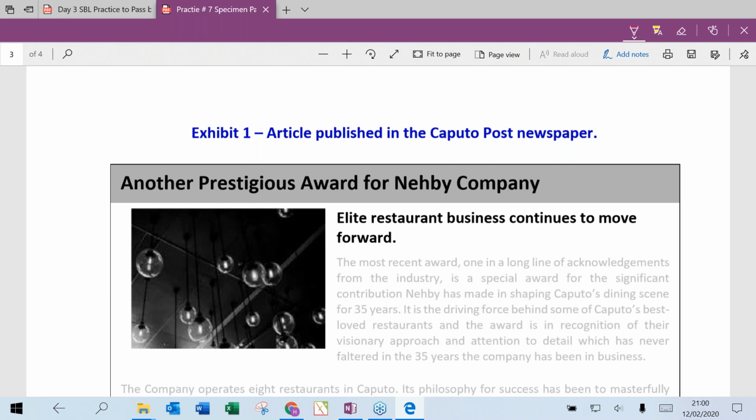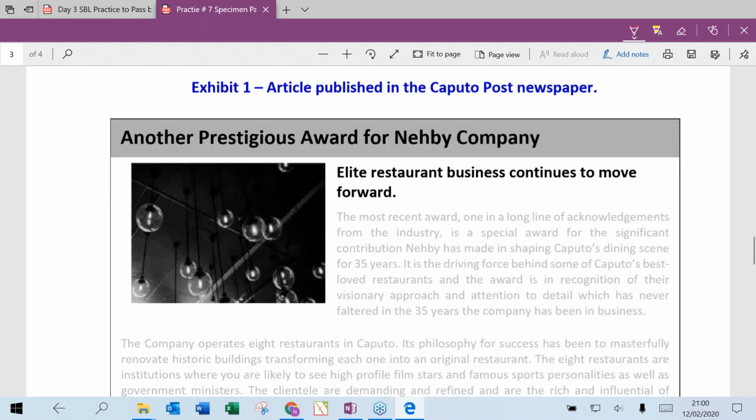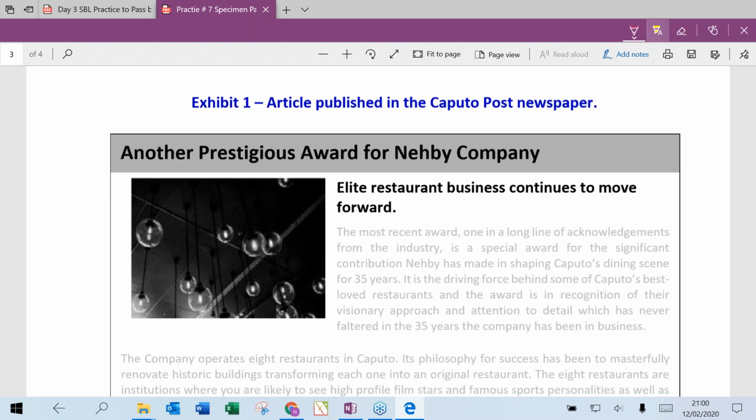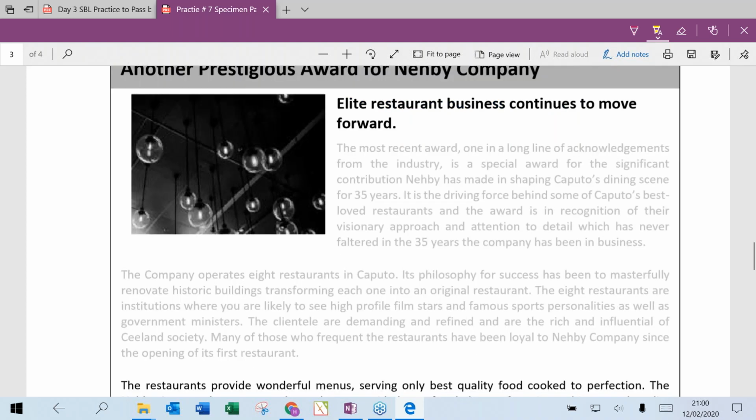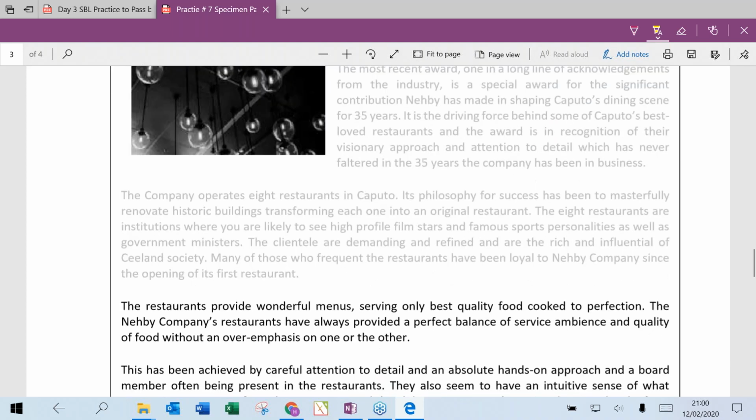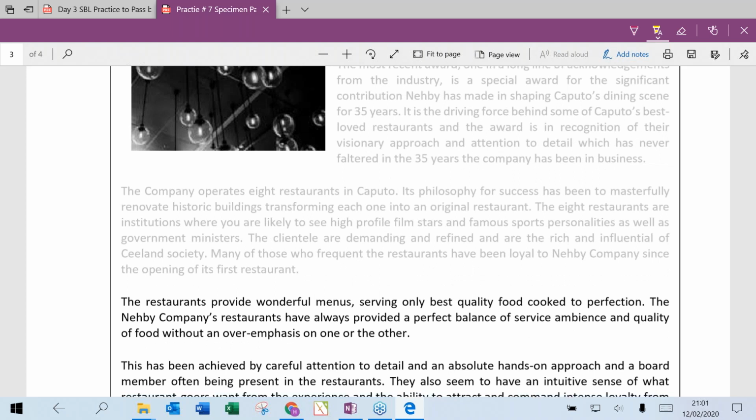Okay, so let's read exhibit 1. It's an article published in Caputo newspaper. Another prestigious award for NABI. Elite restaurant business continues to move forward. Okay, now if you see, the first 2 paragraphs are light gray, and then there are dark gray portions.